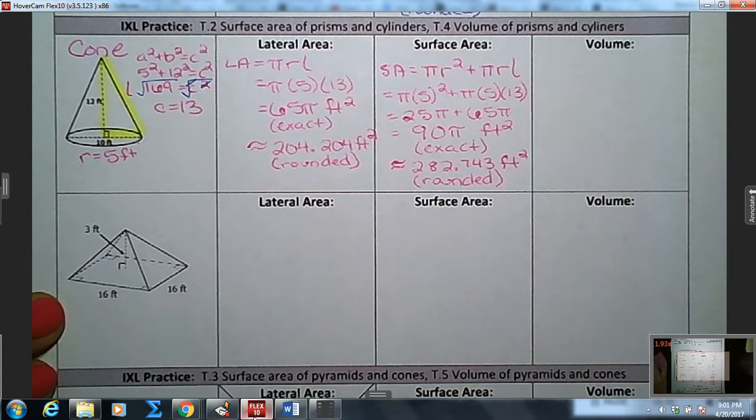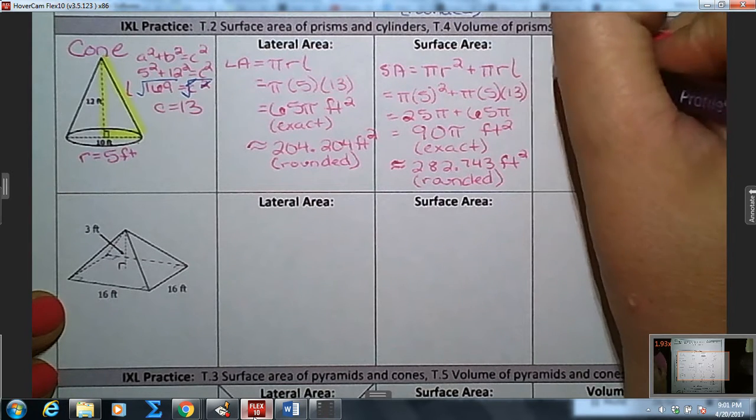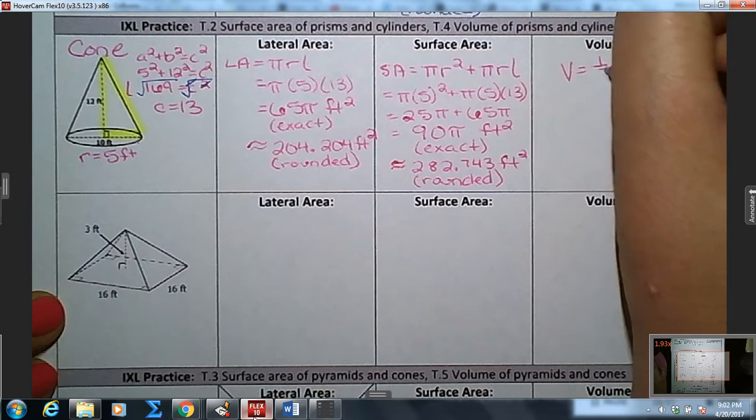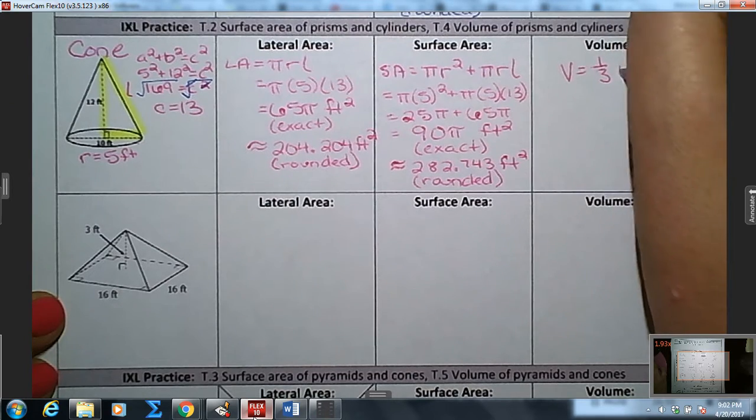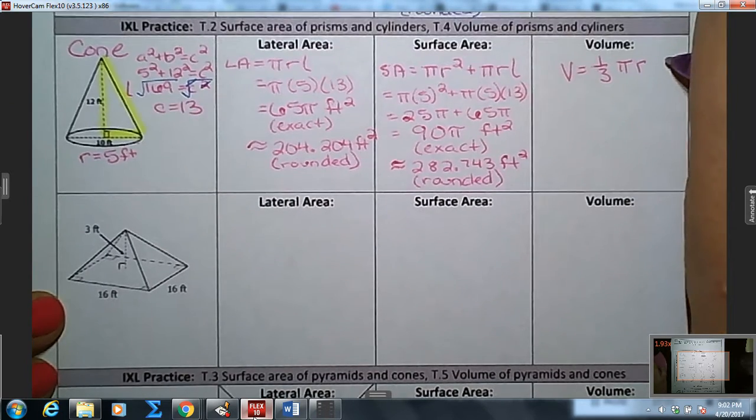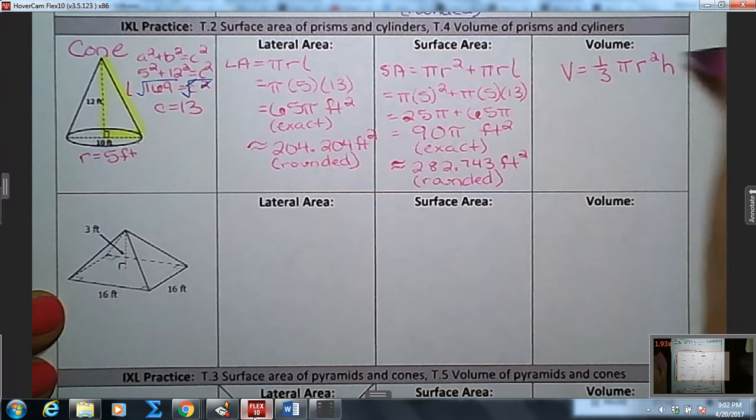Our last calculation to make is the volume of this cone. The volume formula for a cone is 1/3 pi times the radius squared times height. 1/3 pi r squared h.